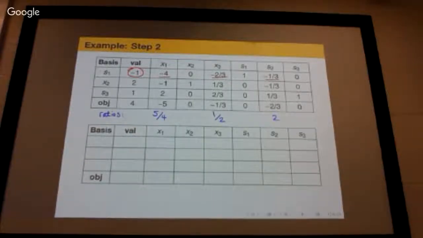I think the least one is the 1/2. Means that this element is going to be the pivot element.